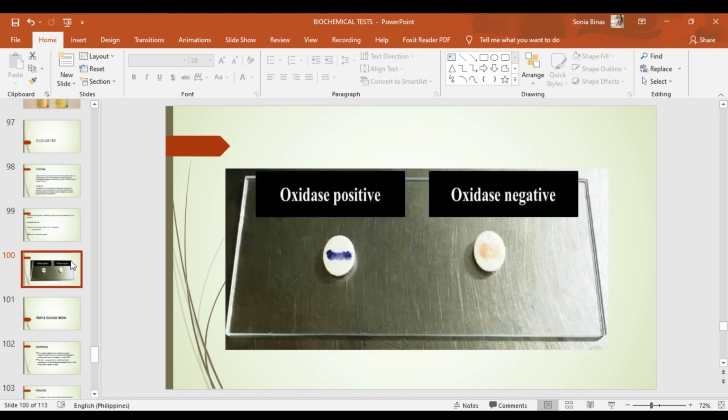So, ating oxidase test, makikita nyo na pag nilagay yung organism sa ating oxidase disk, magkakaroon siya ng purple reaction or purple color. Most of our members of Enterobacteriaceae are oxidase negative. Ano po?